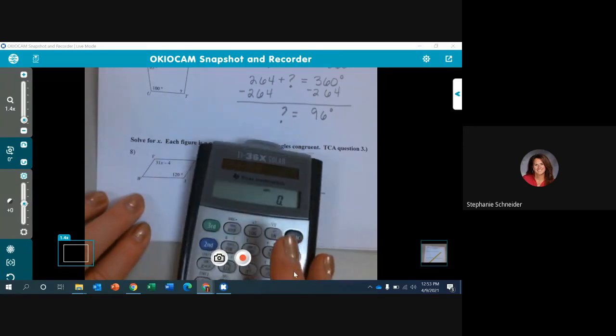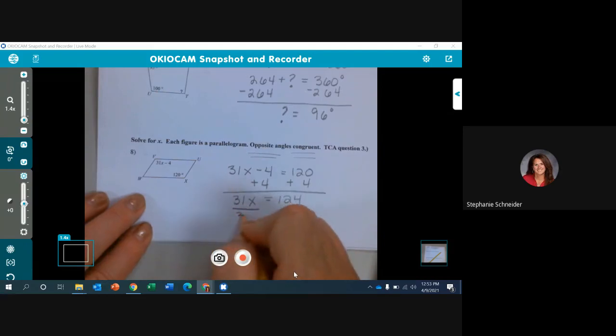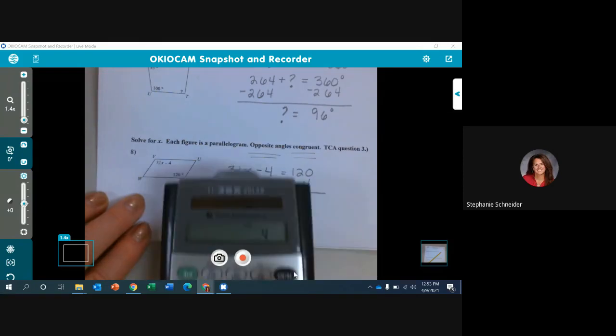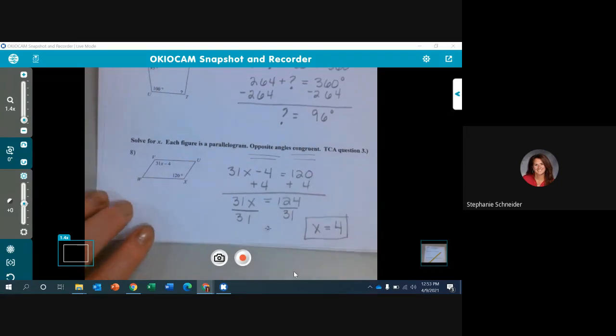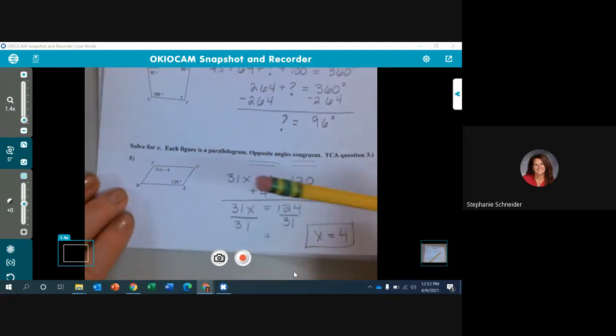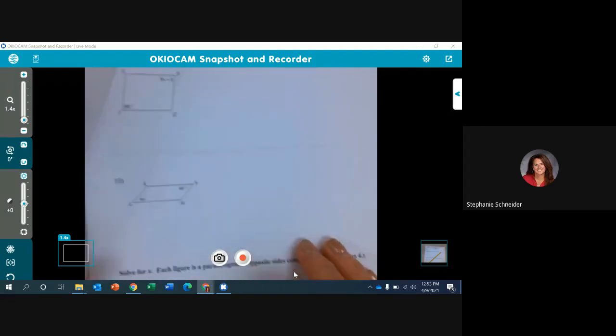So I'm going to take my calculator. I'm going to do 124 divided by 31. And I get 4. So my answer would be x is equal to 4. Okay. All right. We're going to continue on to the next page.